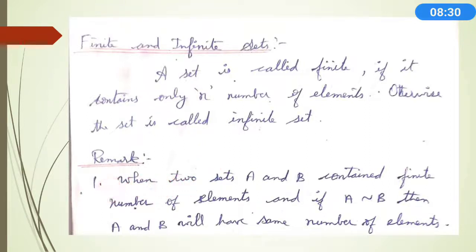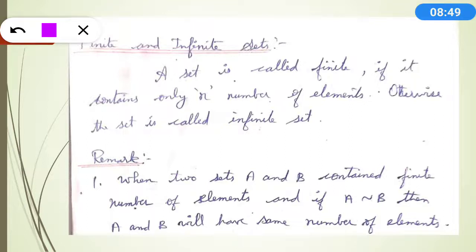Okay, we'll see a remark. When two sets A and B contain a finite number of elements, and if A is equivalent to B, then A and B will have the same number of elements.